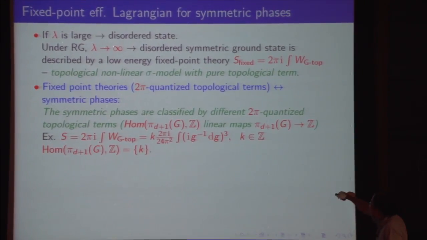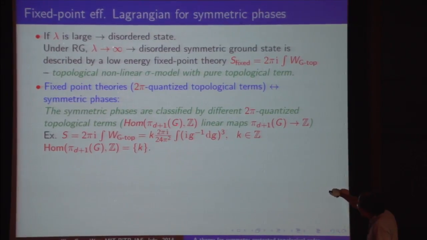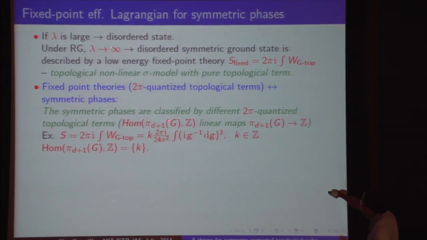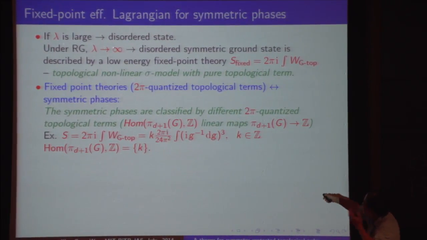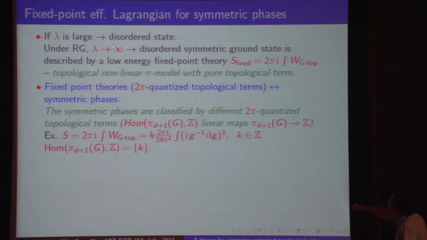The interpretation is that this pi_d(G) is an abelian group, in higher dimension at least. And then this Hom, I don't know what it really means, but here I mean linear maps from Z to Z.